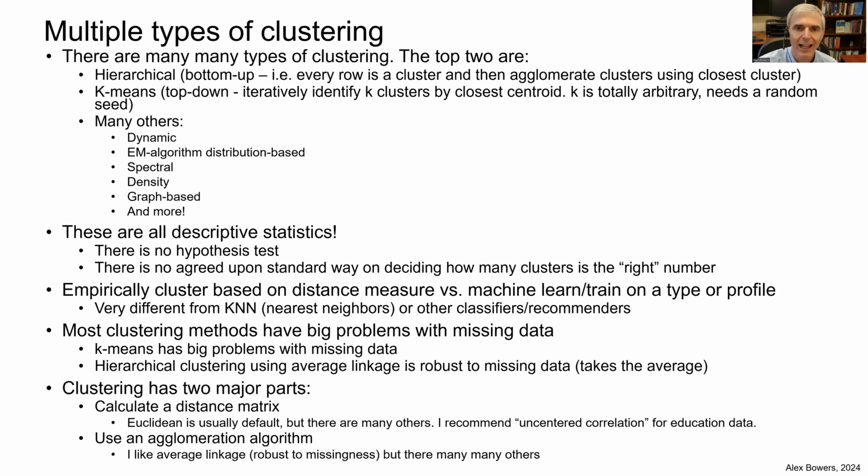So there's a lot of other clustering algorithms as well. Dynamic EM algorithms, they're distribution-based, spectral density, graph-based. I think my favorite named one is self-organizing maps, which is just a great name for an algorithm. And so, yeah, in some of the readings, you can really go deep into a lot of these different algorithms.